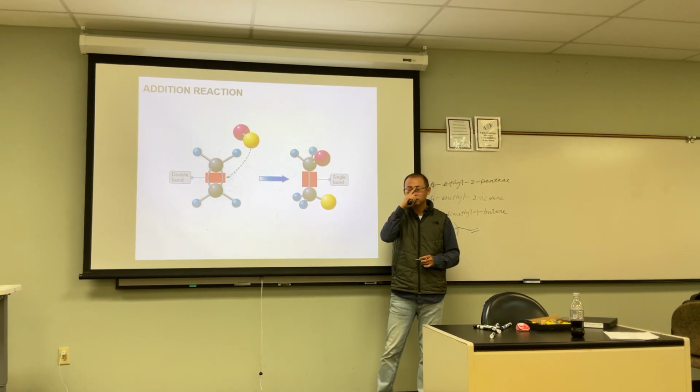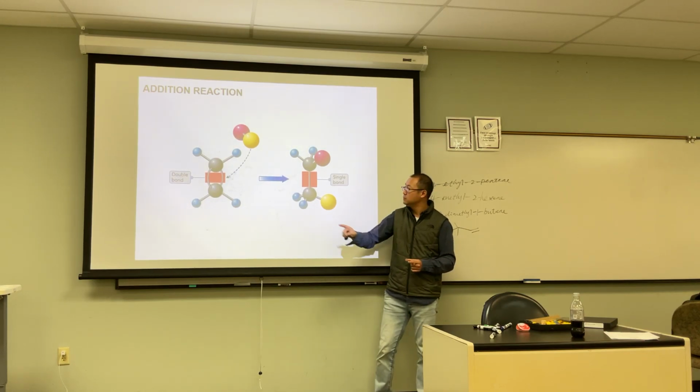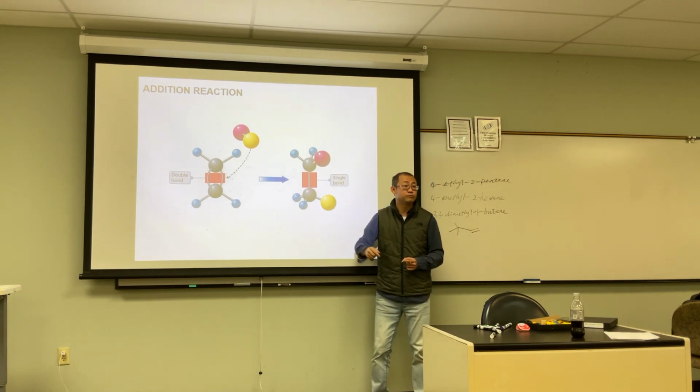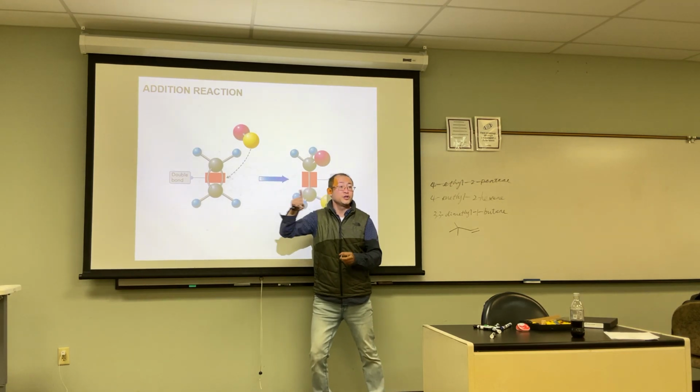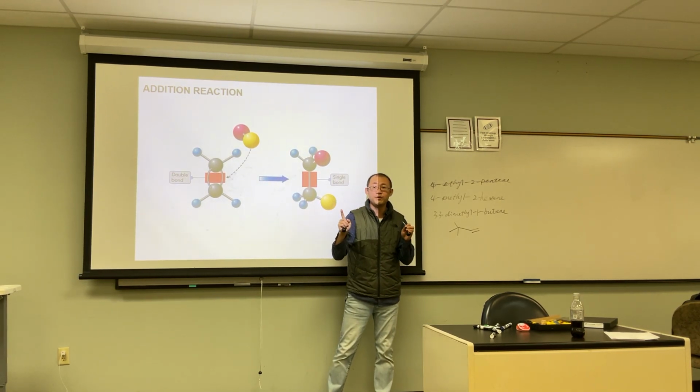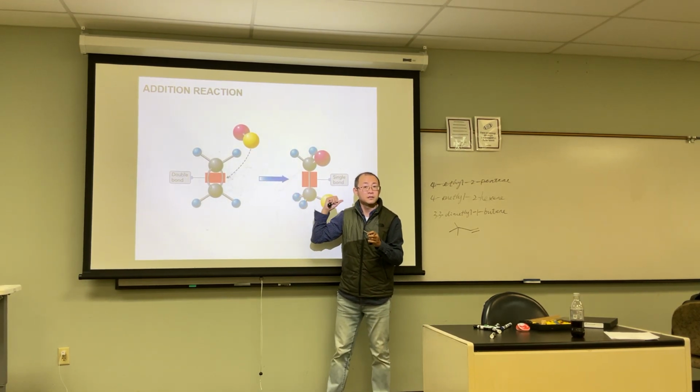Before we move on, one thing is very important in this chapter and in the following chapters. When we talk about reactions in organic chemistry, most of the time the reaction happens at the functional group. That means the rest of the structure, you don't even touch. What you do is copy.